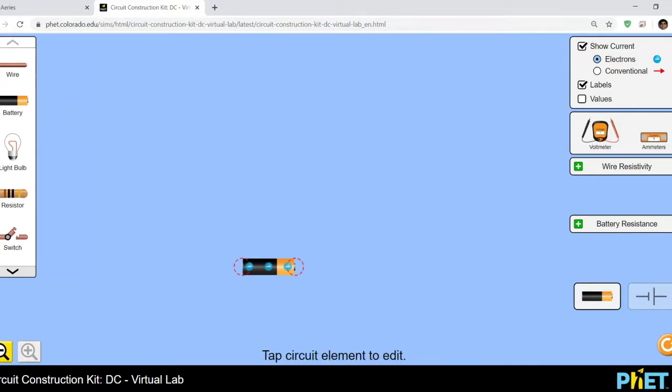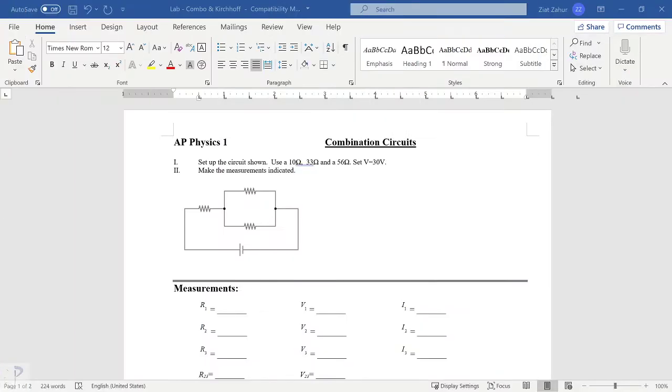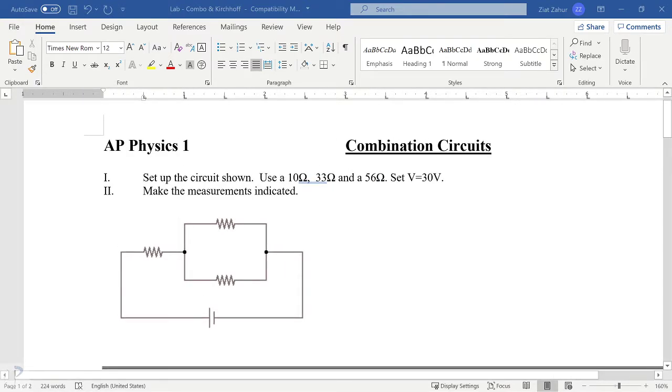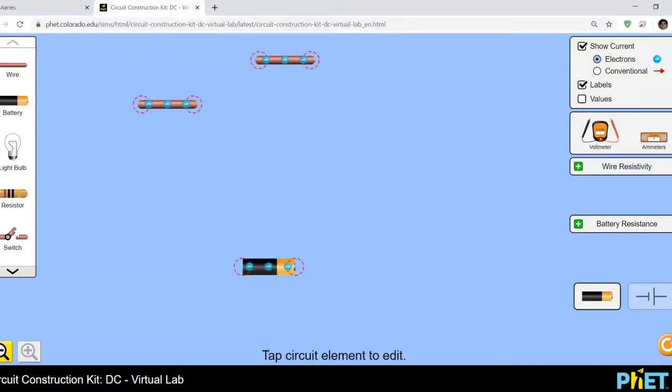Alright, so we want to build our complex circuit with 3 different resistors of 10, 33, and 56. So make sure you take a note of the different values. I've updated it to these values. Remember, you can click. Oh, these are wires. Whoops. I guess I'll keep the wires for now.